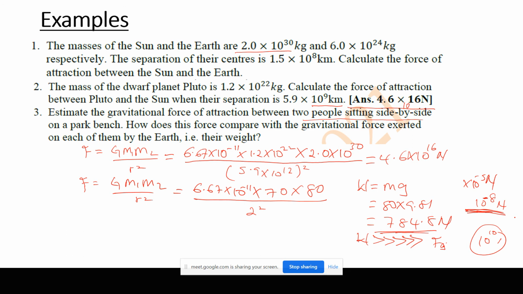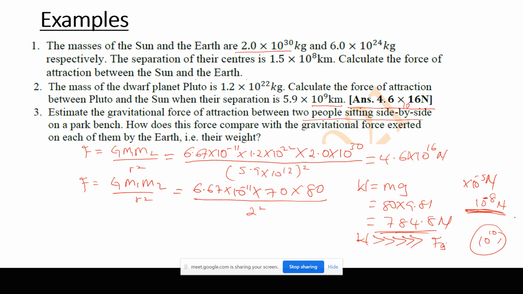It means whenever we have two objects very close to each other and they are not point objects, the gravitational force between them is always going to be extremely small.